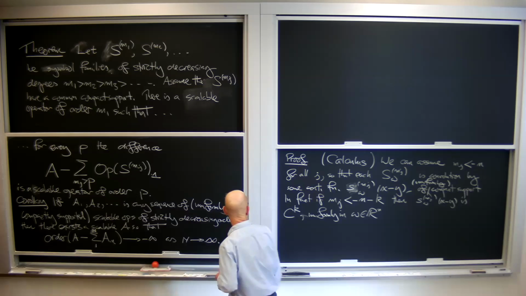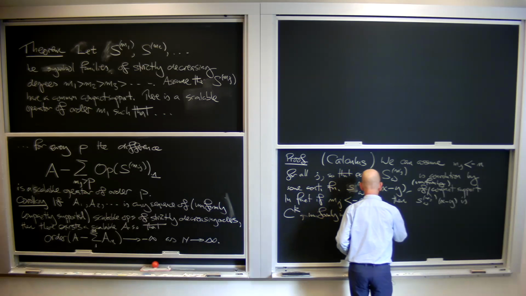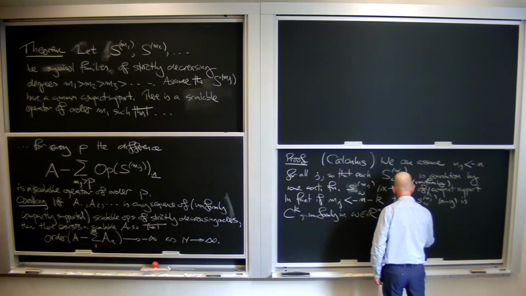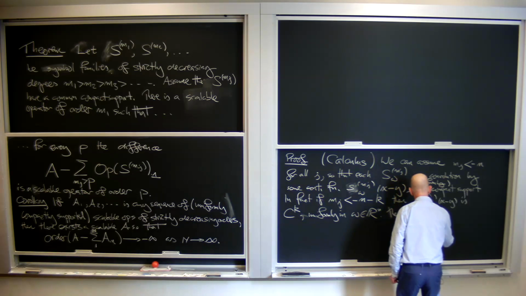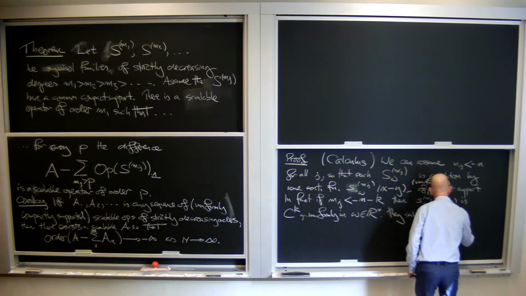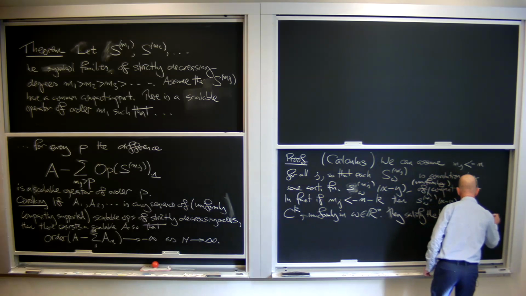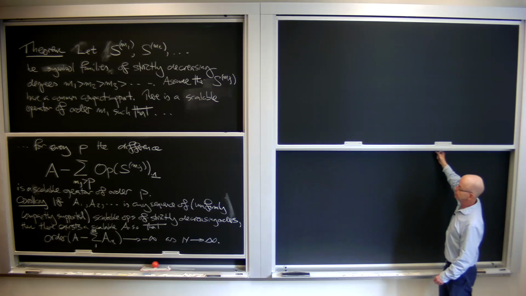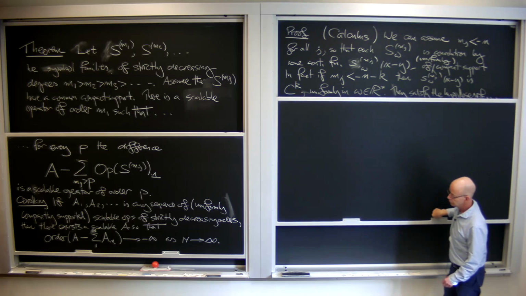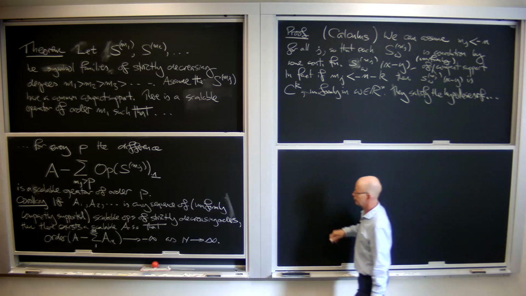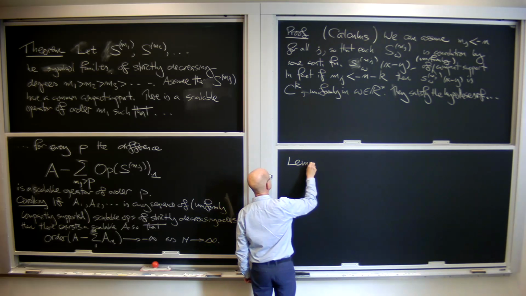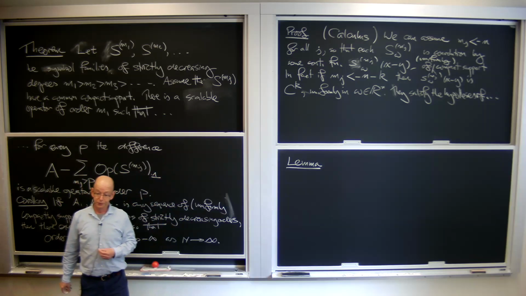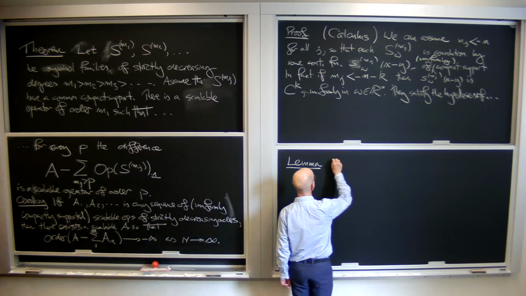Okay. And now we'll discuss the fiddling. So these functions satisfy the hypotheses of what I'm about to write down. So we interrupt the proof to give a lemma, which is just a sort of a calculus lemma.